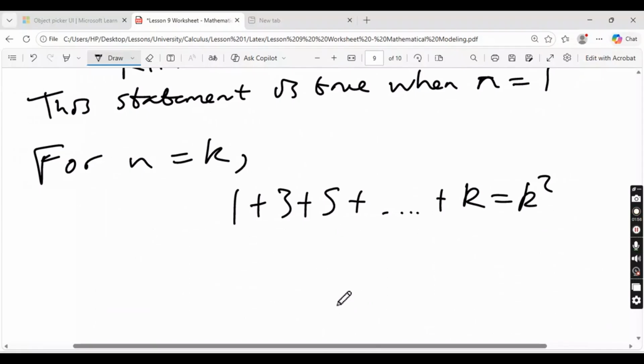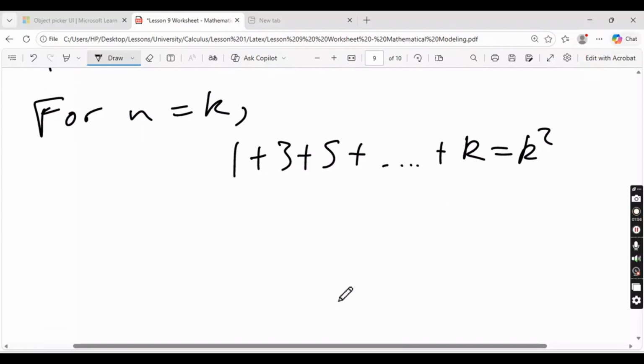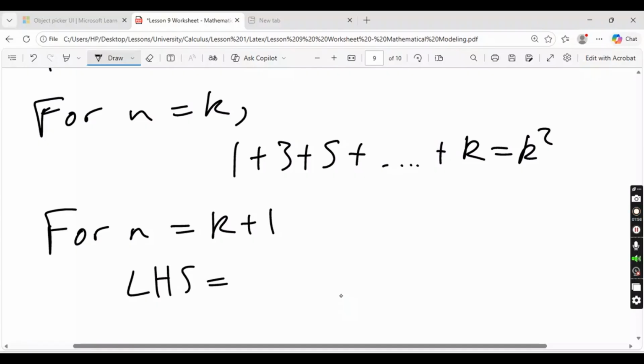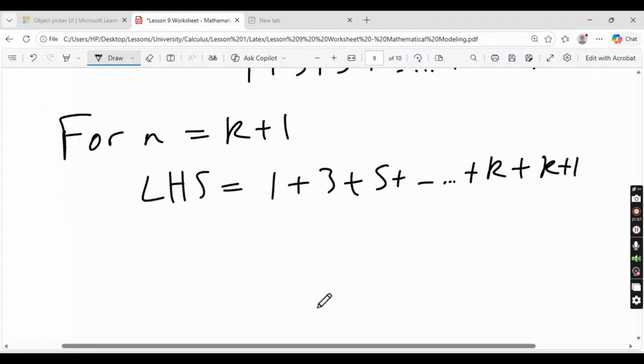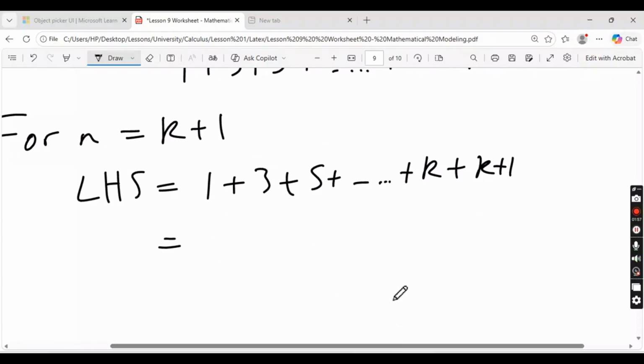Next, we prove for n equals k plus 1, and then we say the left hand side is equal to 1 plus 3 plus 5 plus ellipses plus k plus k plus 1. And then we calculate k squared plus k plus 1.